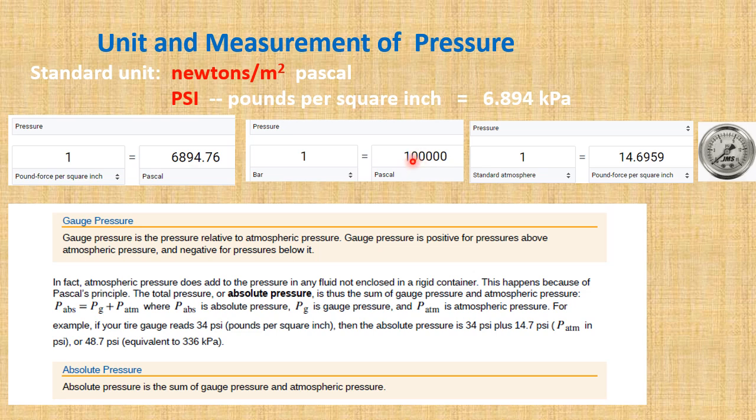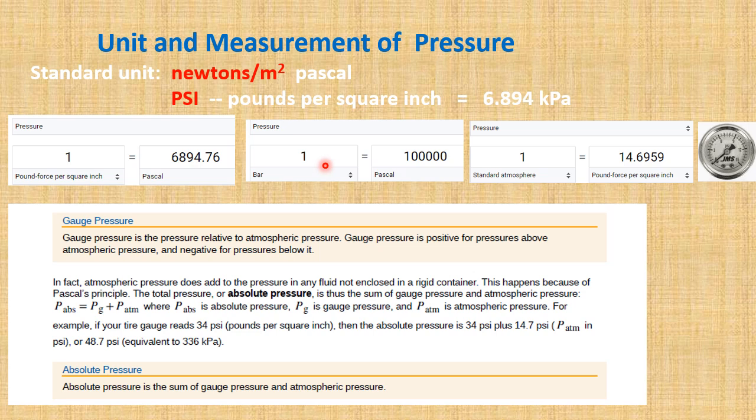So how strong is the bar? Roughly, you're going to say roughly 1 atmosphere pressure. That's why probably people call it 1 bar, because 101.3 is only 1% different, and that's basically atmospheric pressure. So 1 bar is exactly 100,000 Pascal. That's the definition of a bar.